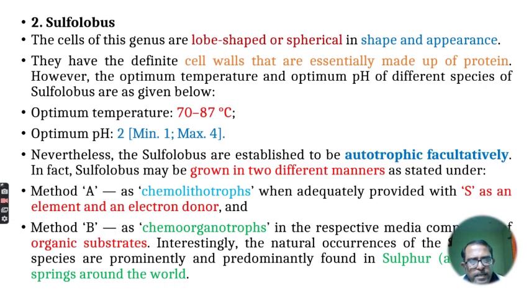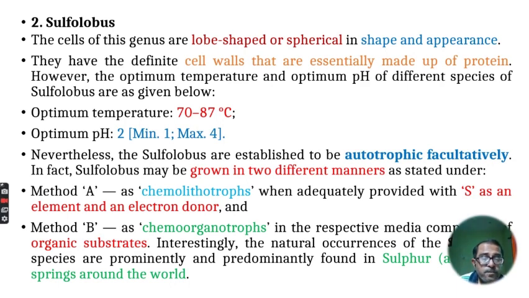This Sulfolobus bacteria can grow in an optimum temperature range between 70 to 87 degrees Celsius. And at such high temperature, other bacteria are not able to grow there. Bacillus is not growing there. E. coli is not growing. So this is a special character shown by this Sulfolobus bacteria.